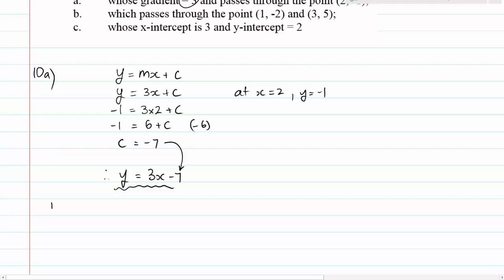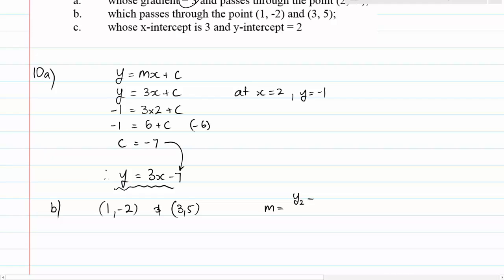Question B, which passes through 2 points. So the 2 points are (1, -2) and (3, 5). Again, I don't know the gradient or the y-intercept, so the easiest way is to calculate the gradient using rise over run.